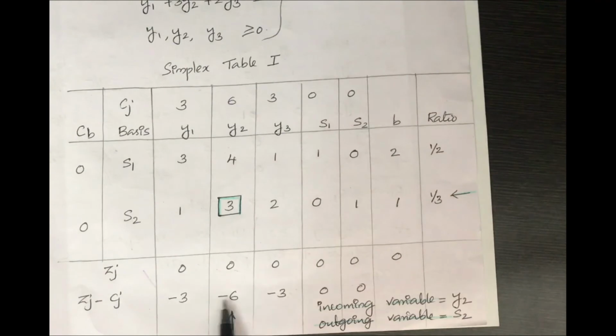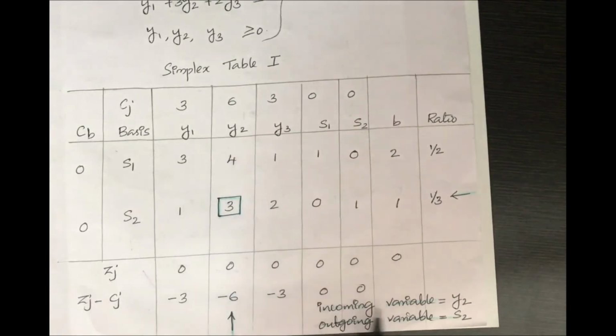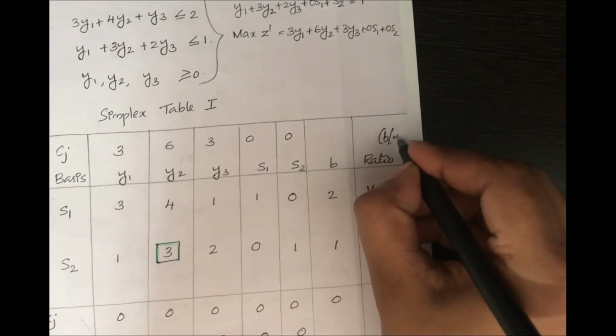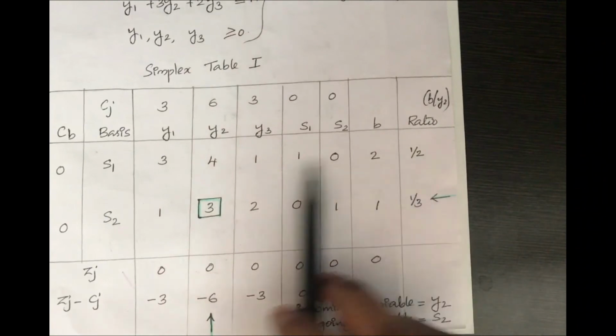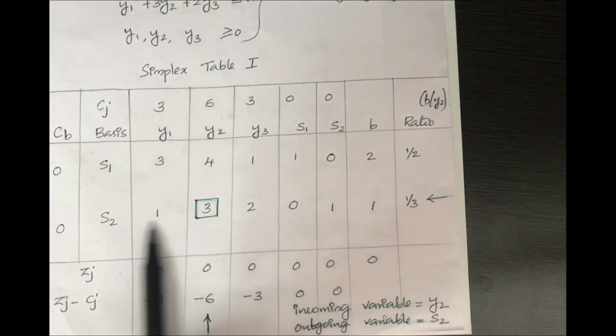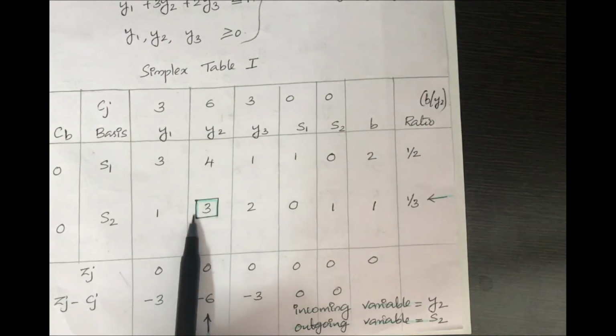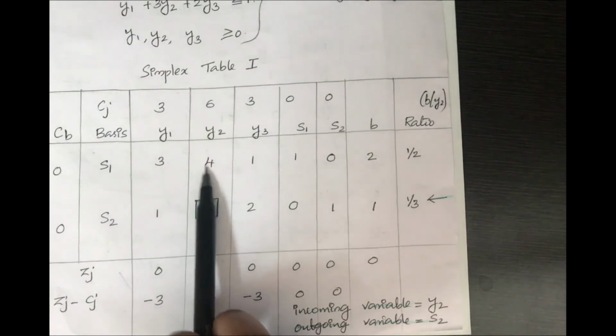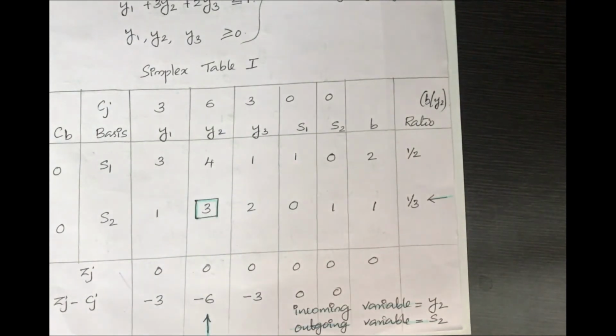Choose the lowest number, that is minus 6, and this is the incoming vector, that is y2 is the incoming variable, and we need to find the ratio b divided by y2. So we get 2 by 4 and 1 by 3, of which the lowest is 1 by 3. So s2 is the outgoing variable, and this is our key element. In the next table, this 3 should be 1 and this 4 should be 0 using row transformation only.